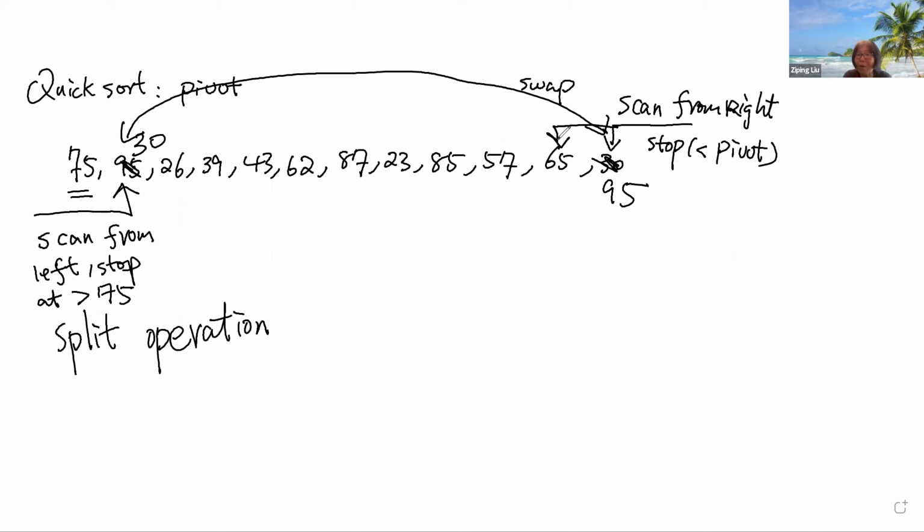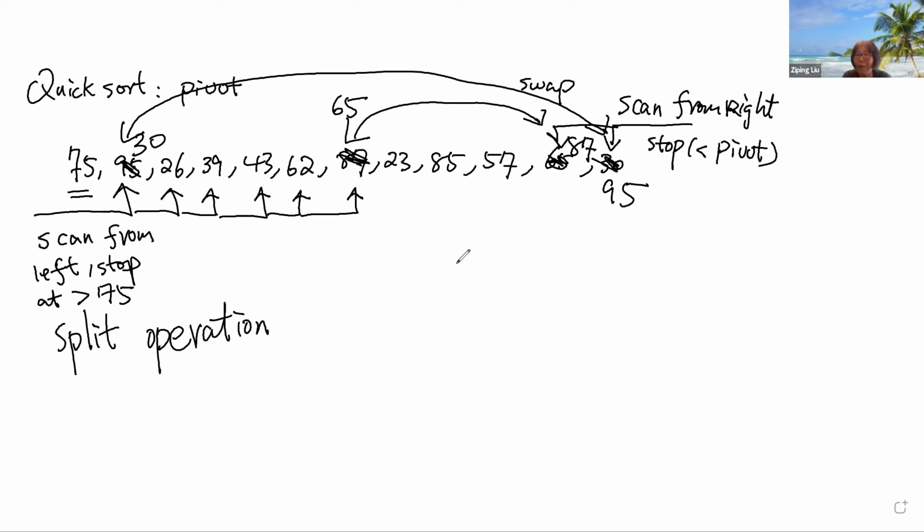It's smaller, so you stop. And you resume your left scan. You stop at the one that's greater than the pivot. I stop, then I swap. So here I have 65, and here I have 87.